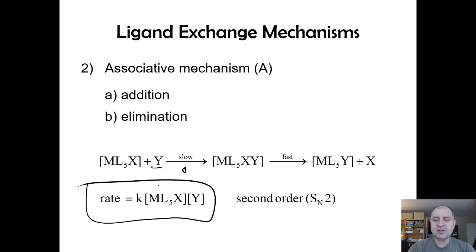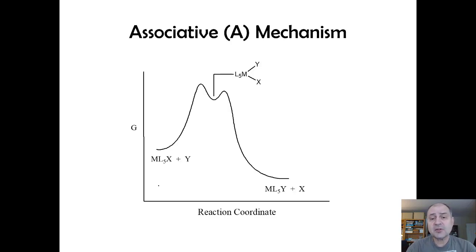Again, this is more common for 4-coordinate and 3-coordinate complexes, or smaller ligands, where the ligand can come in and attach to the center first, and then a leaving ligand will go. So here the transition state has connections to the leaving ligand as well as the incoming ligand.